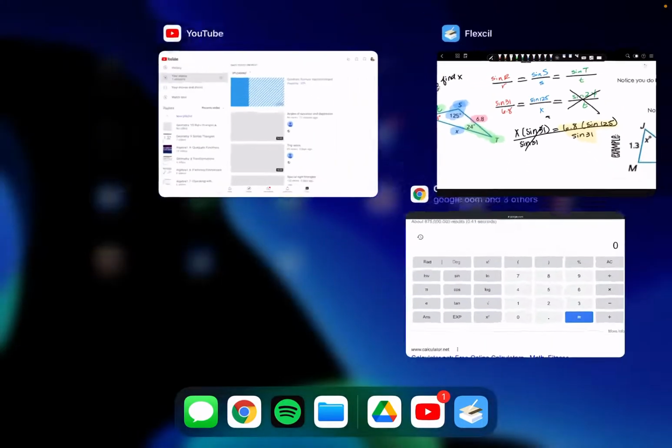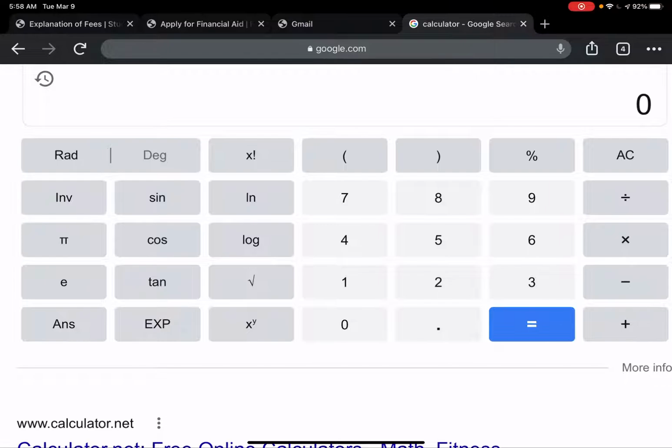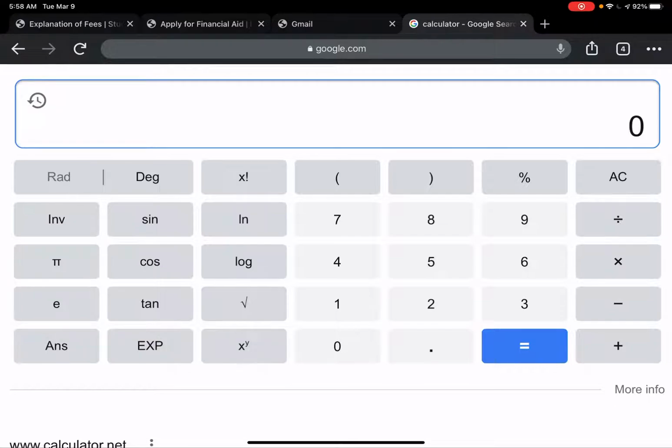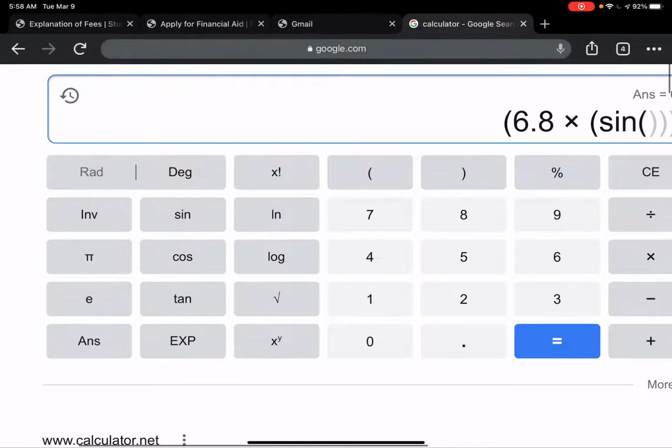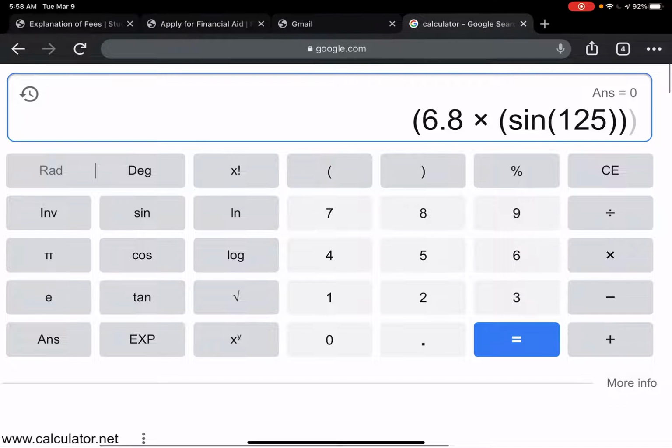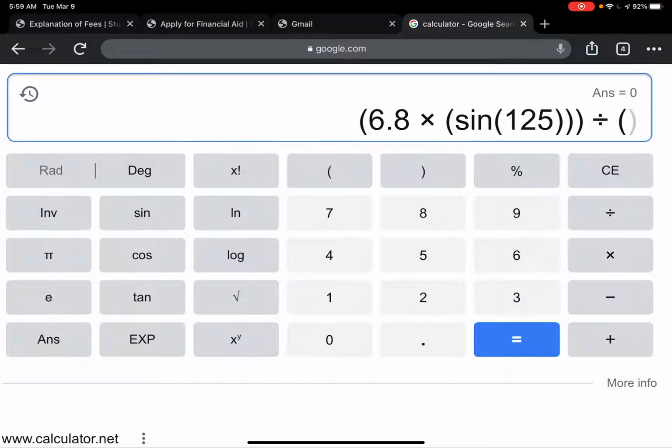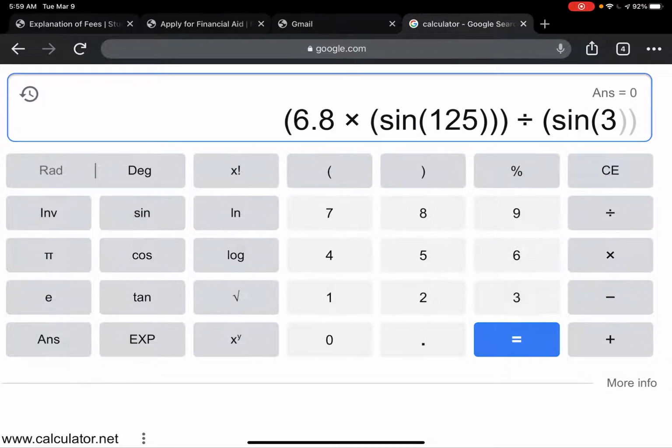Now remember, when you're putting these things into your calculator, you must make sure you're in degrees mode. If you're using this type of calculator instead of your TI-84, then you're going to need to use parentheses. So I'm going to put my numerator in parentheses and do 6.8 times parentheses sine of 125, closing my parentheses, and then dividing it all by sine of 31.